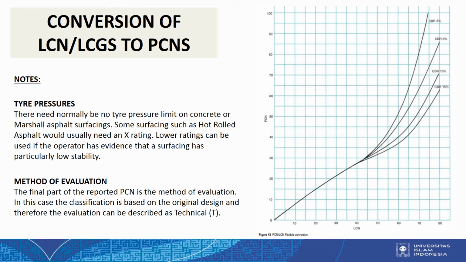For notes, if we want to make a conversion from LCN to PCN, there are some notes that you should be aware of. The first is the tire pressure. Because PCN involves tire pressure, for this concept there normally needs to be no tire pressure limit on concrete or macadam asphalt surfacing.